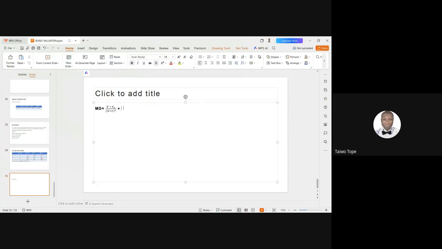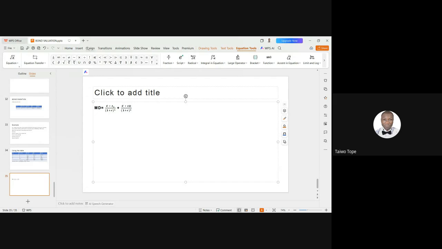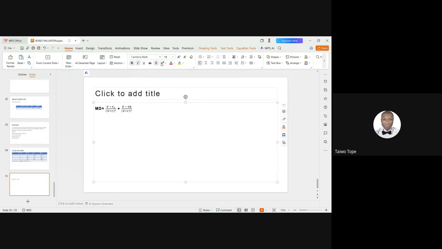And we have it as what? Instead of T1, I have T2. That is a time period.